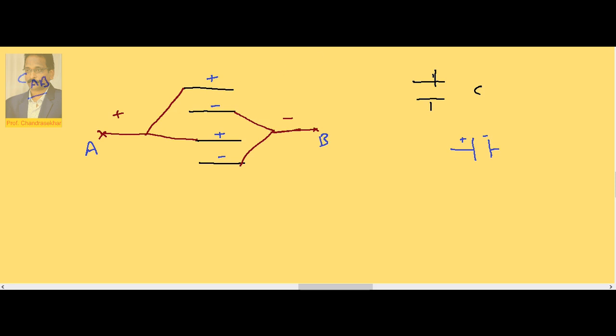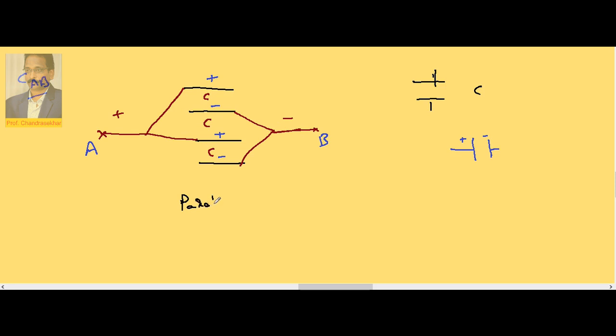So definitely this gap will behave like a capacitor having capacity C. This gap also behaves like a capacitor having C because minus and plus, plus and minus, another. All positive ends to one end, all negative ends to another end.